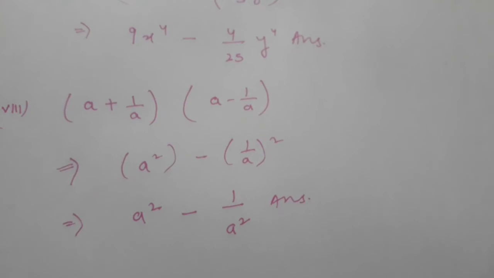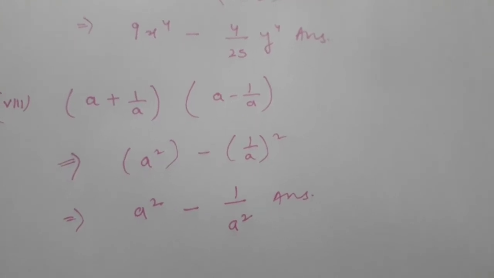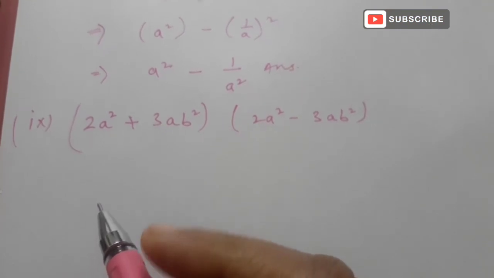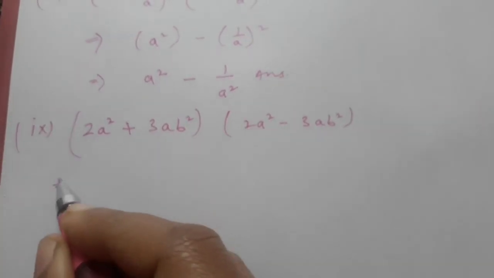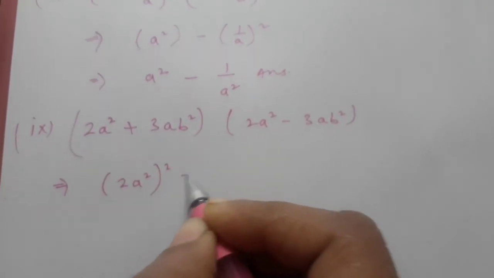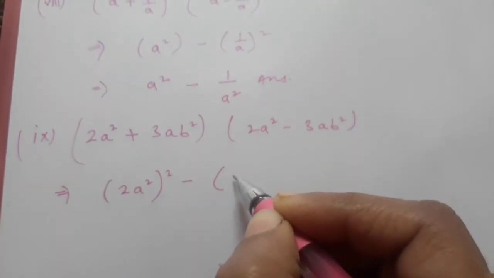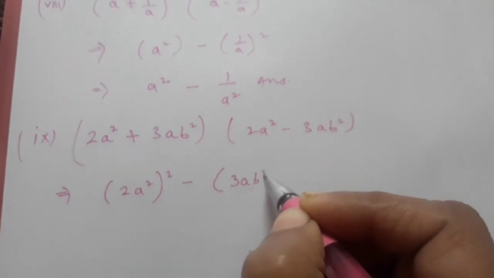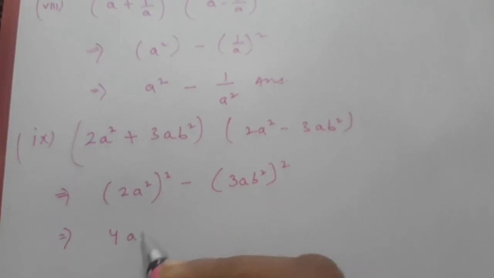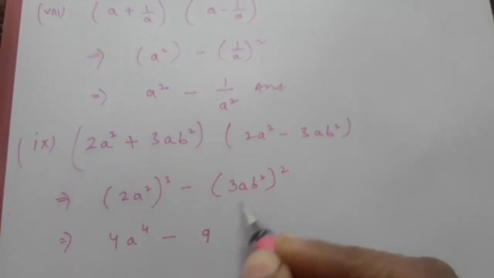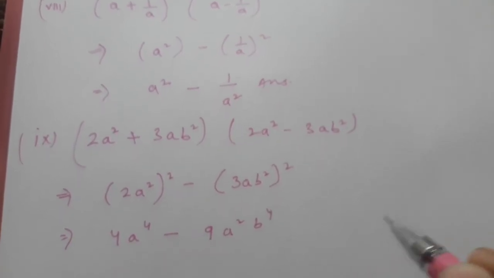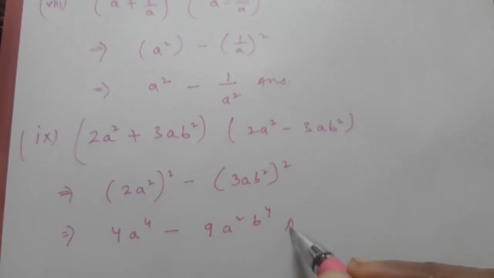Now move to the last part, which is ninth part. So the ninth part is 2a square plus 3ab square and 2a square minus 3ab square. So here a would become (2a square) whole square minus b square, that is (3ab square) whole square. So 2 2s are 4, a raised to the power 4 minus 3 3s are 9, a square and b raised to the power 4. That would be our answer.